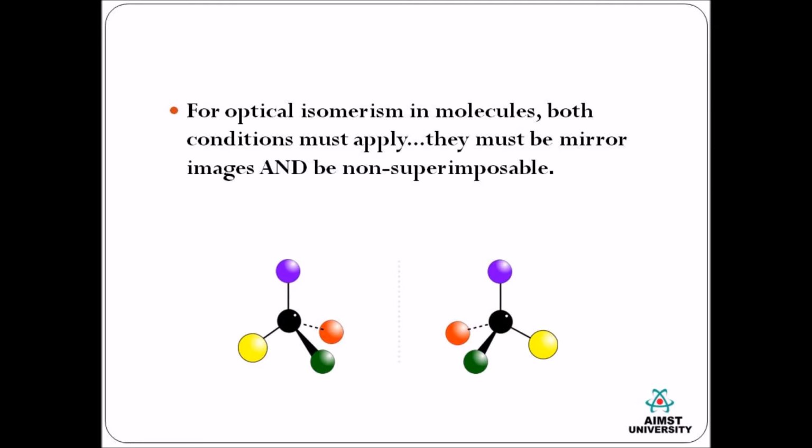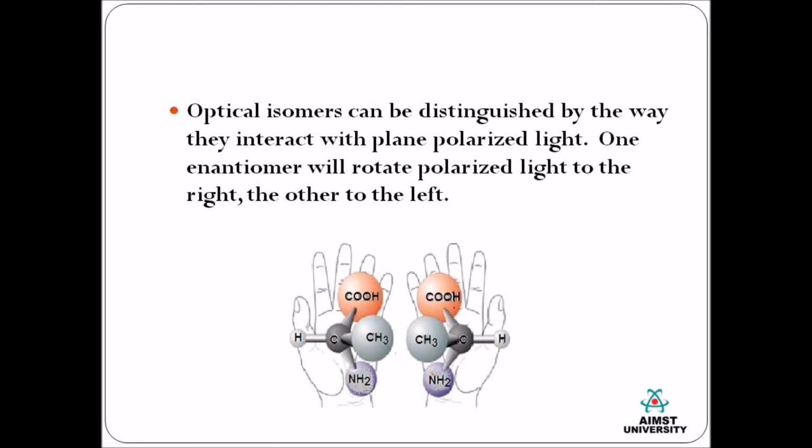For a compound or a molecule to exhibit optical isomerism, it should satisfy two rules. They must be mirror images and they must be non-superimposable mirror images. Optical isomers can be distinguished by the way they react with plane polarized light.